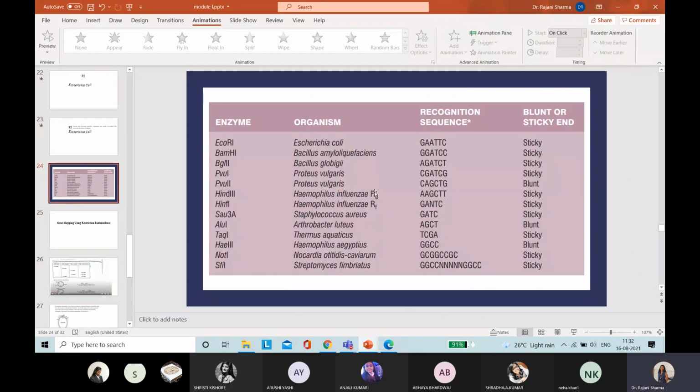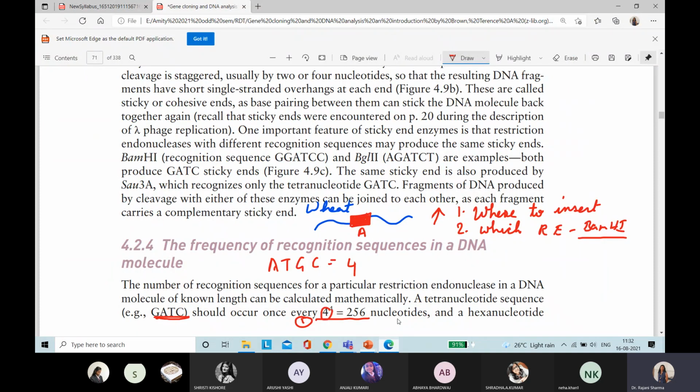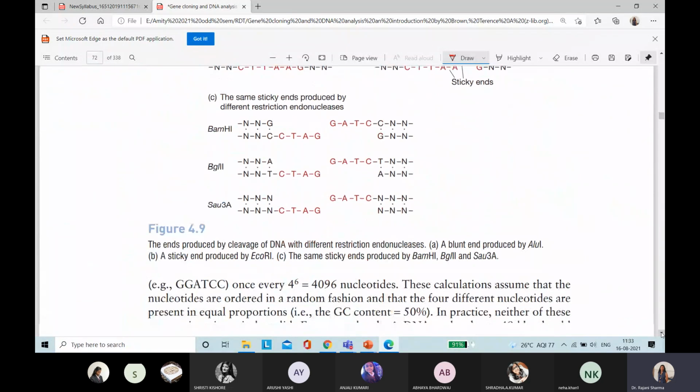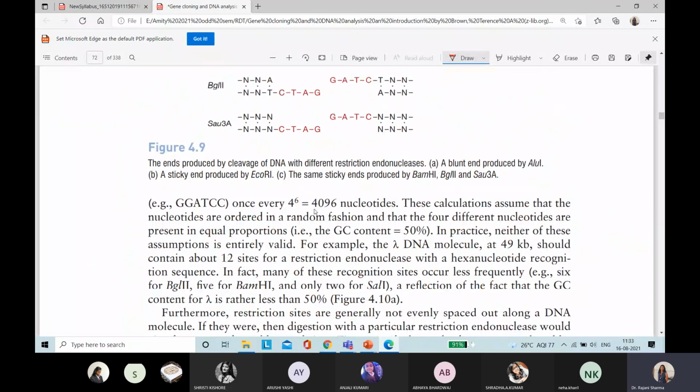I have presented it. Here you have chosen the enzyme BamHI. How many bases does its recognition sequence have? It has a 6-base recognition sequence. So you just put 4 to the power 6. What is the chance of it being recognized inside the genome of the DNA? There is a chance of 4096, or it will appear once after every 4096 nucleotide base pairs.